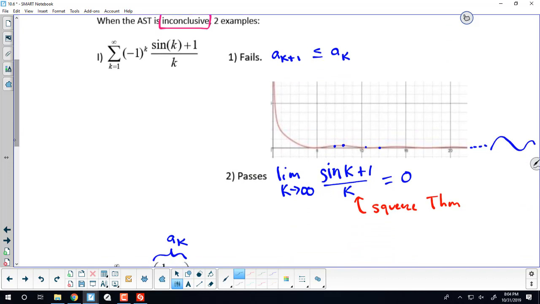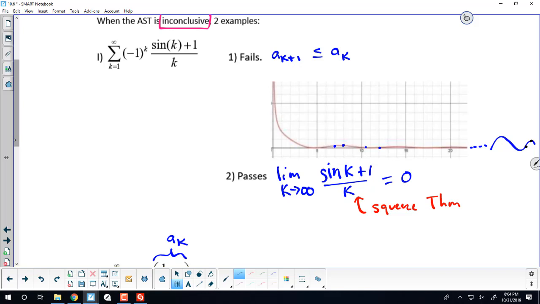Right, so this thing here was an example of something that wasn't eventually decreasing. Even though those oscillations get smaller, this term here is still larger than this term here. But this one does eventually decrease. It's just after e. Exactly. Does that make sense?